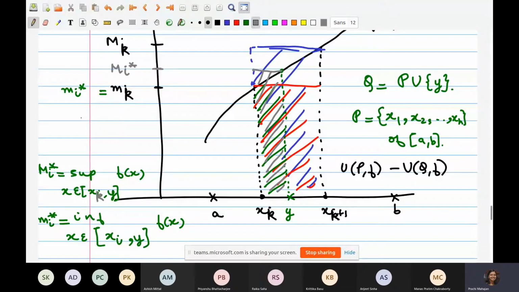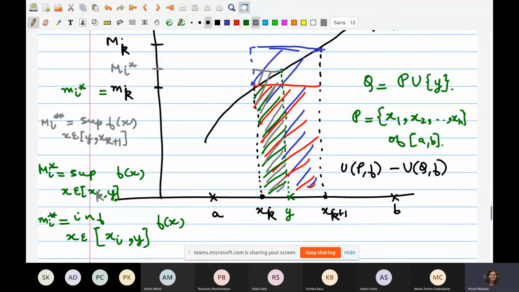So I'll just write that down. I will have the supremum of f restricted to the interval from y to x_{k+1}, sorry, y is smaller, right? So this is the supremum of f, and let me denote it by mk double star.